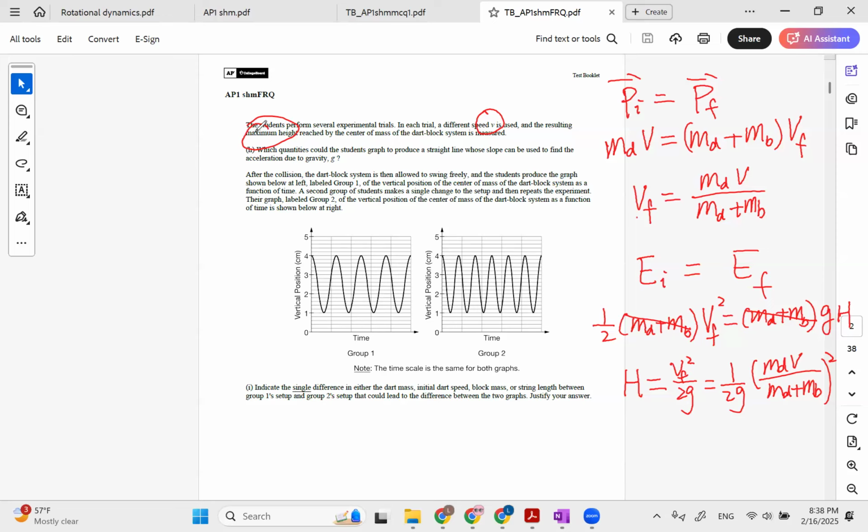You are going to measure speed and maximum height. What quantity can you graph to produce a straight line?